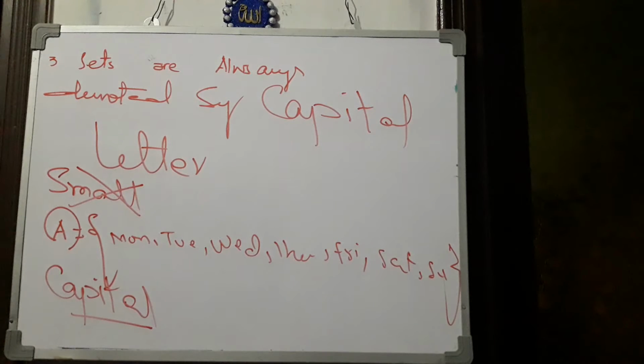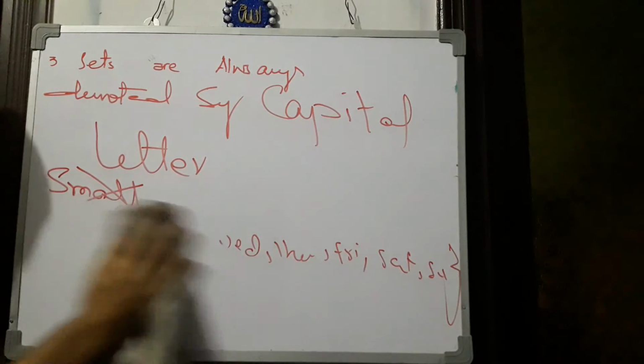The next most important thing which you should know about set concept is that there are three ways to write the set. There are main three ways to write any set.